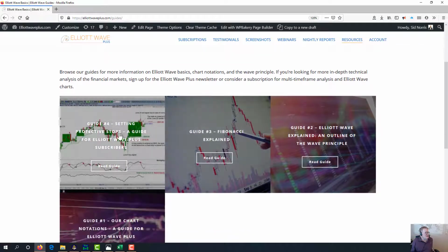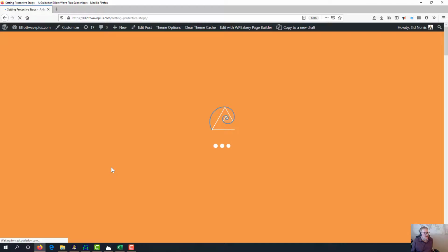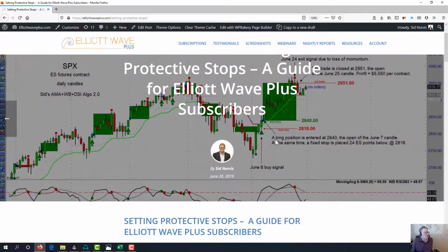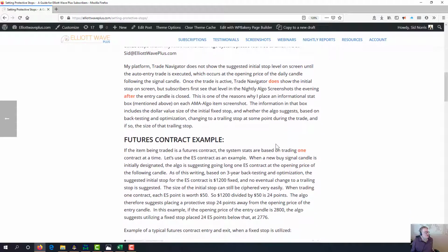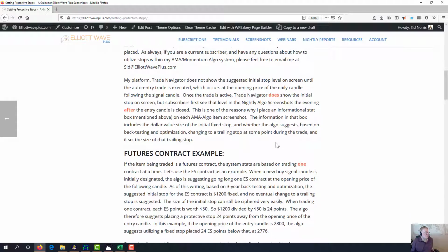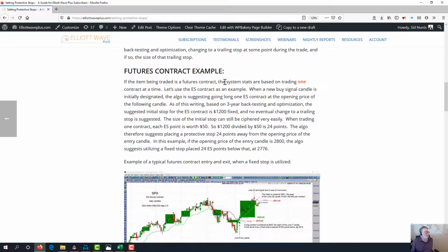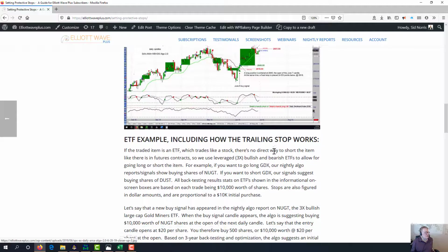That's Setting Protective Stops, a guide for Elliott Wave Plus subscribers. And so this document is very important, so you'll know where to put your stop if you get a signal. And there's an example for setting a stop in a futures contract.